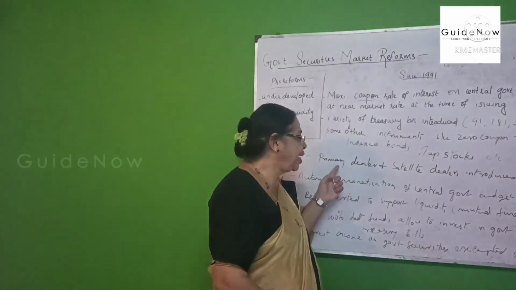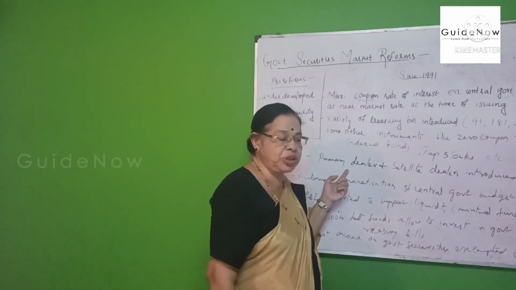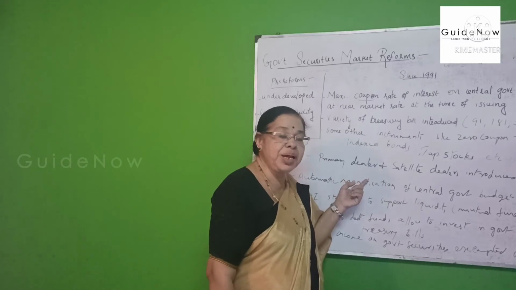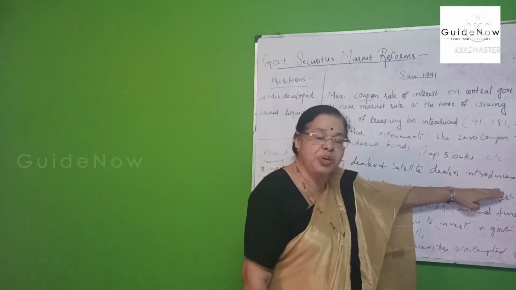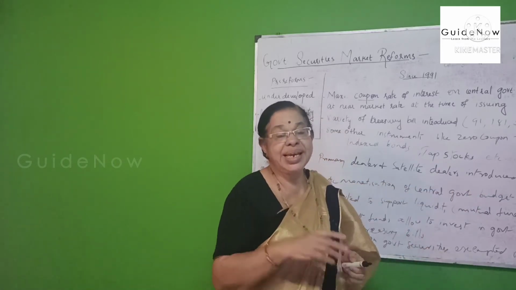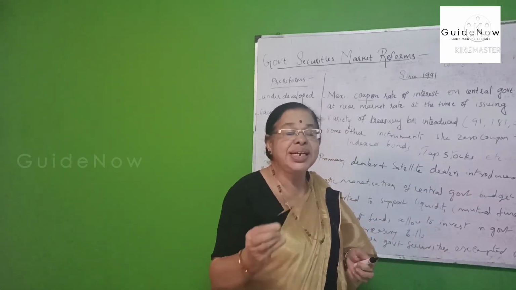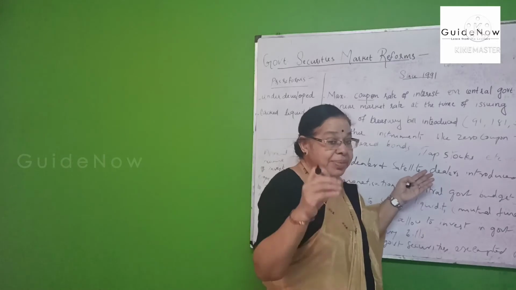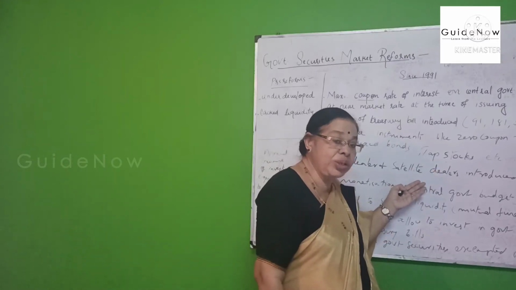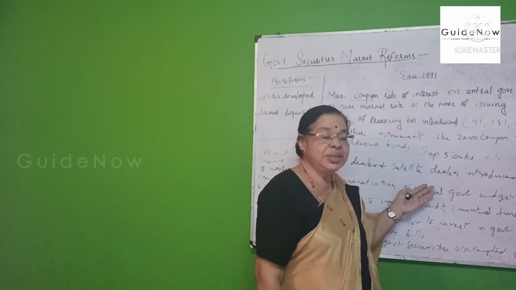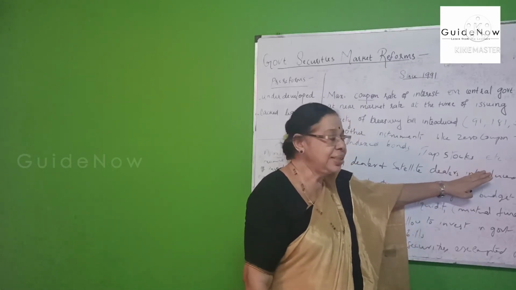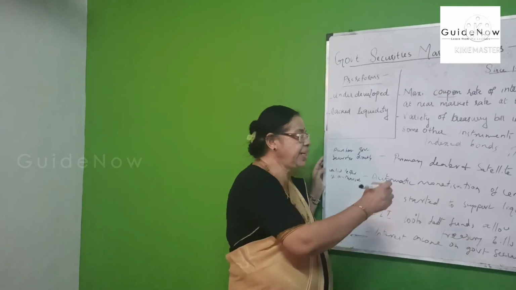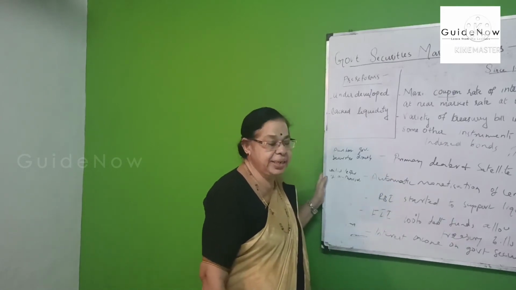Where direct purchase is not possible, that is not known as a primary dealer. And satellite dealers possess a certificate, an authorized certificate authorized by the RBI. So they are also available to deal in bonds and securities. Primary dealer and satellite dealer were introduced.